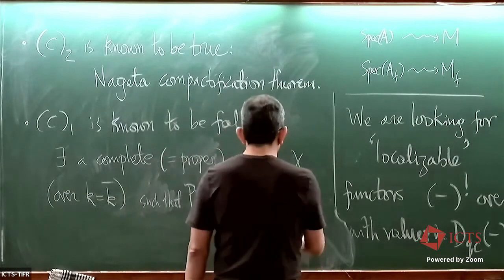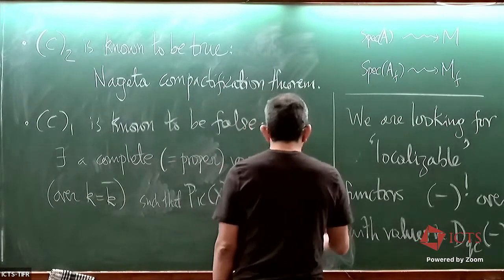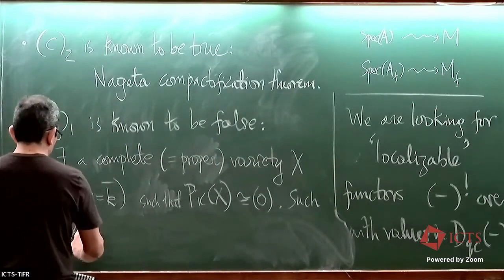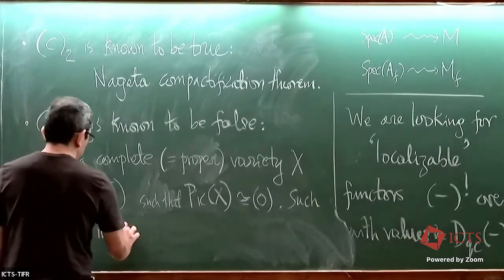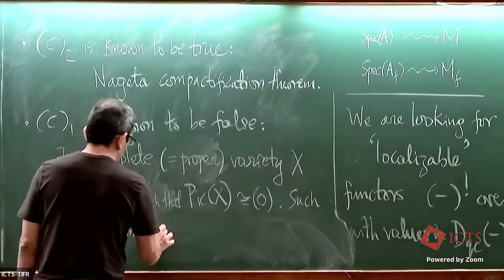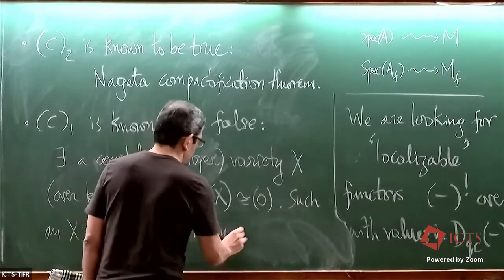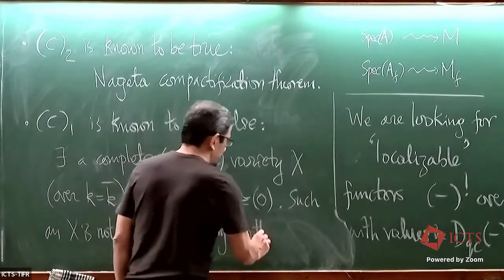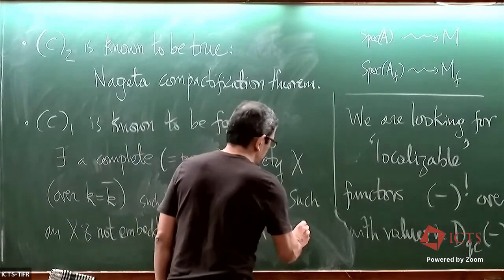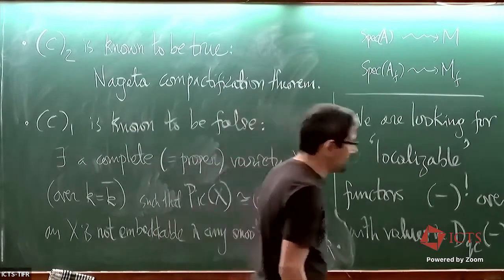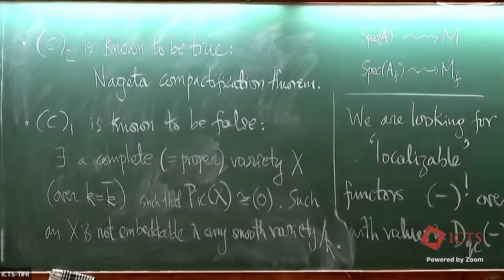And so one can show that such an X is not embeddable in any smooth variety. There is one example due to Madhav Nori, but I think there are also toric examples in dimensions 3 and higher.